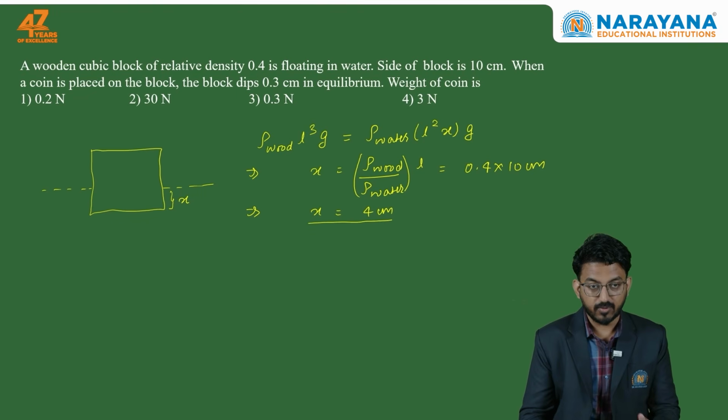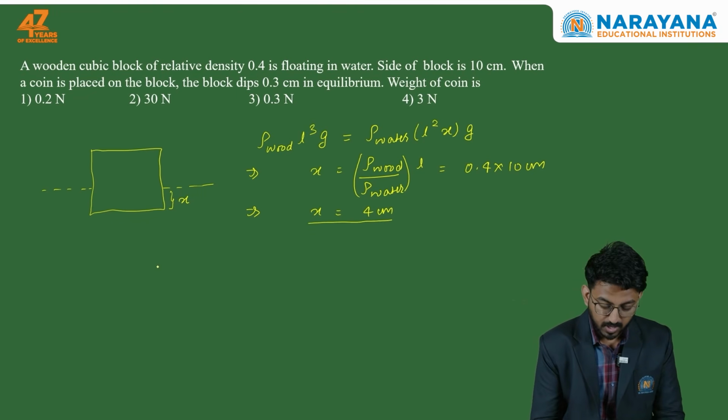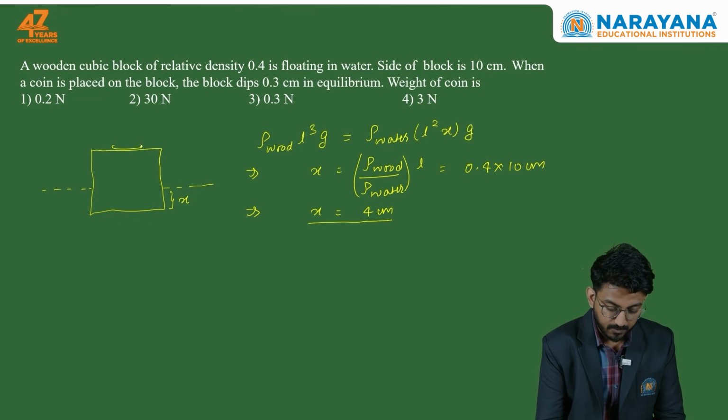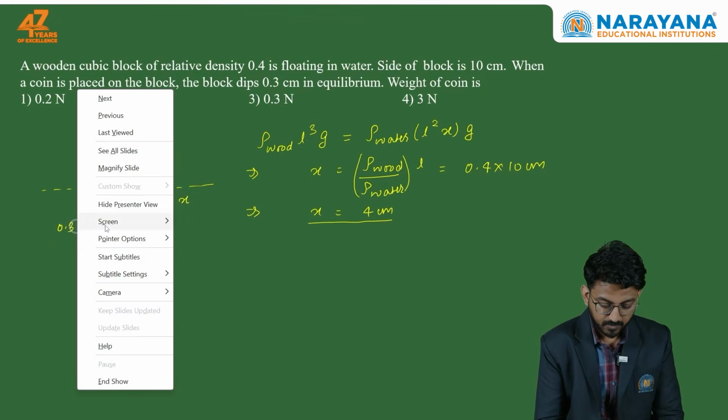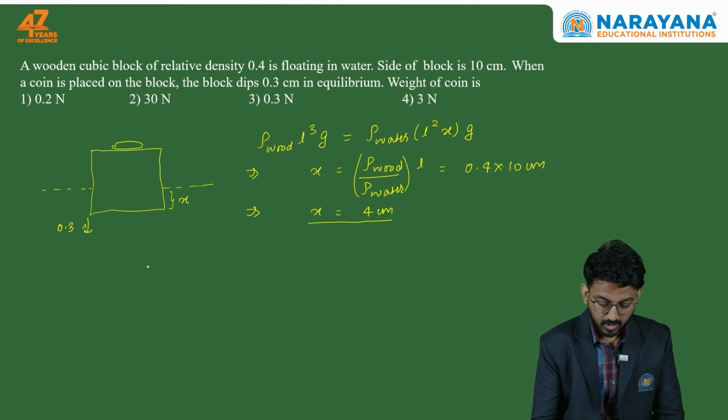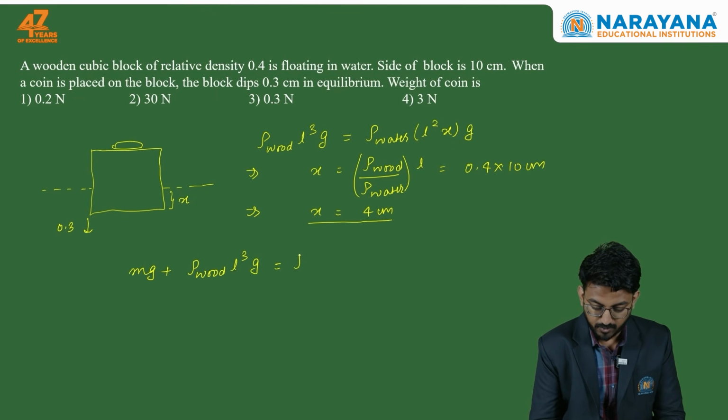Now, because of the weight of the coin, 0.3 centimeter goes down further. So same equation we'll write down, but in this case with the weight of the coin, and this will further go down by 0.3 centimeter. So you can see here, mg is the weight of the coin plus weight of the wooden block is equal to buoyant force.